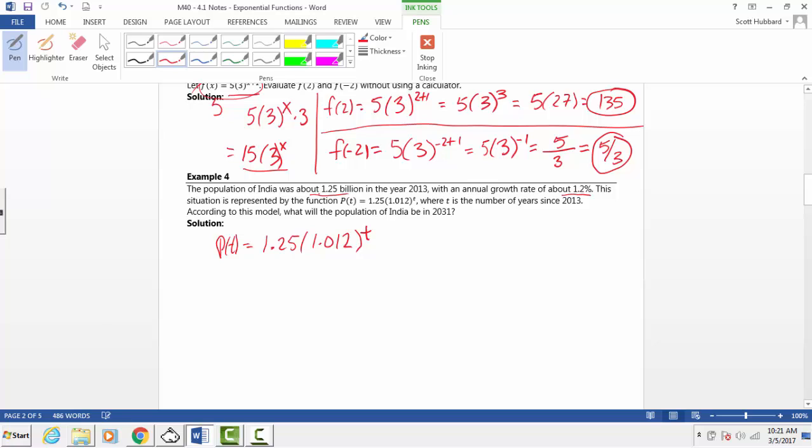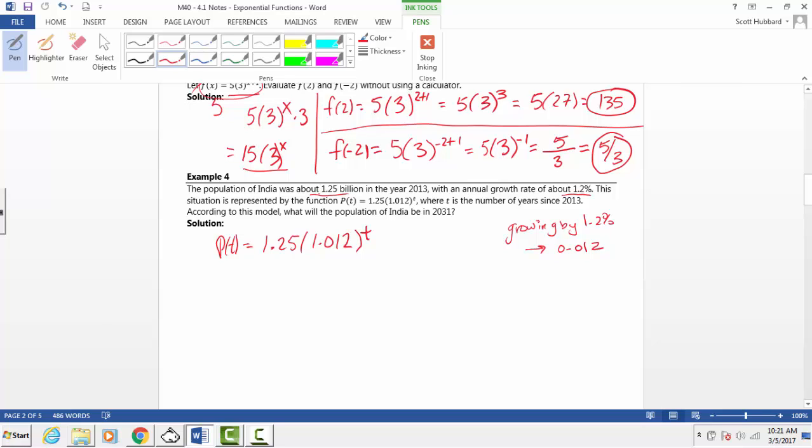Okay, and the reason it's 1.012 is that if they're growing by 1.2%, first things first is convert that to a decimal, so that's going to be 0.012. That's how much they're growing every year. But if they're growing, then we have to add that to their original amount, and the original amount is like 100%, 1.